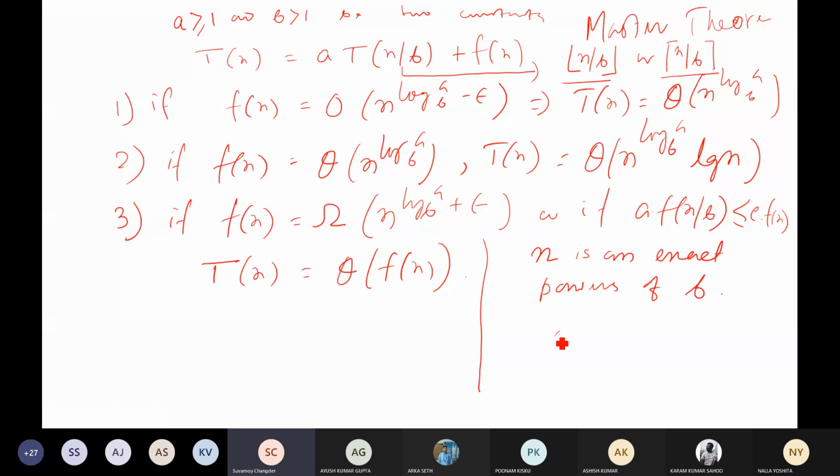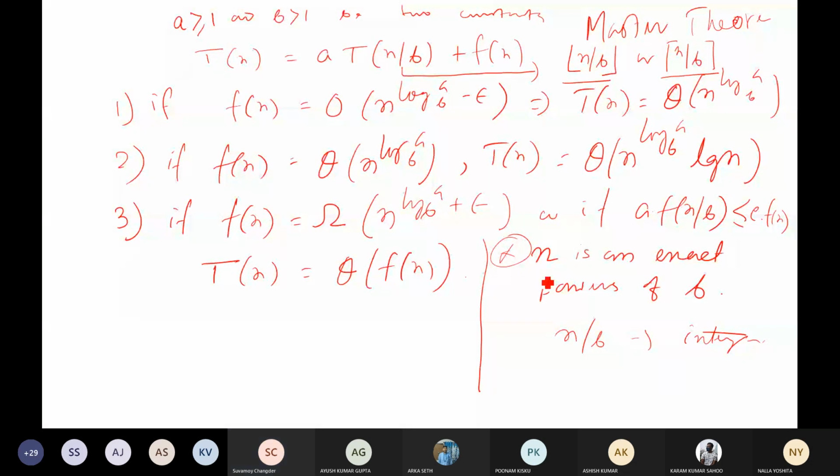That means n/b is an integer value, so we don't have to consider floor or ceiling. After that I will give some idea of how we can prove it for the generalized n, that means n can be any integer. So let us go for proving the theorem when n is an exact power of b.